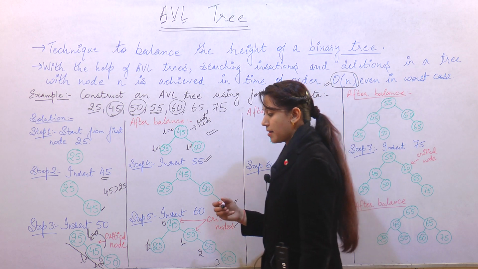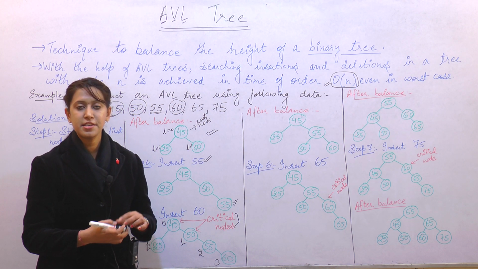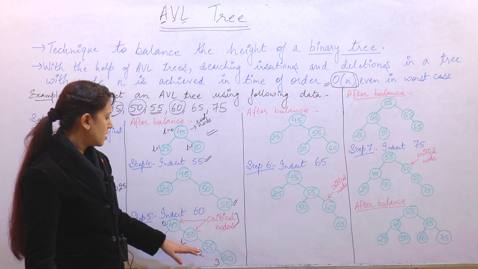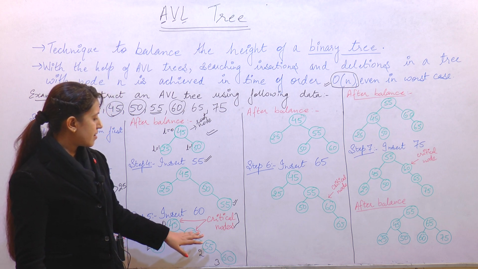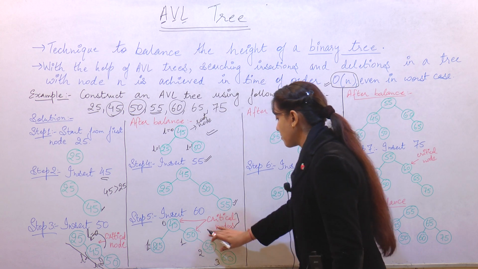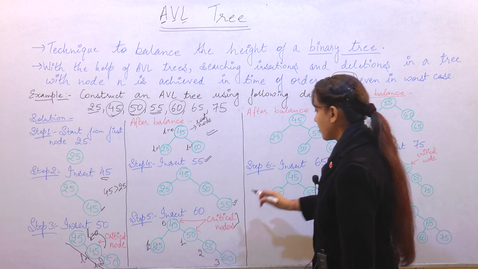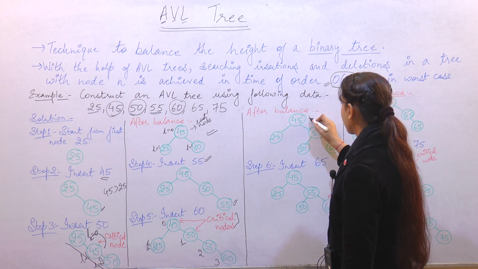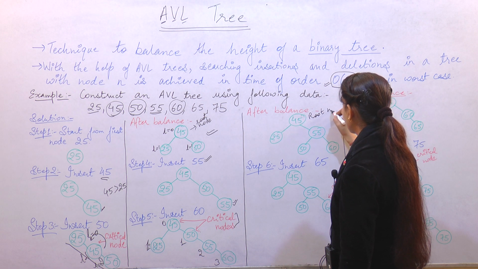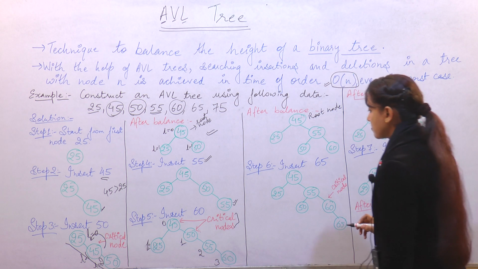We are taking, again I am telling you, critical nodes so that it will become easier for us to balance those nodes. So here 45 and 50 will become our critical nodes. Now after balancing, what we will get, 45 will become our root node.